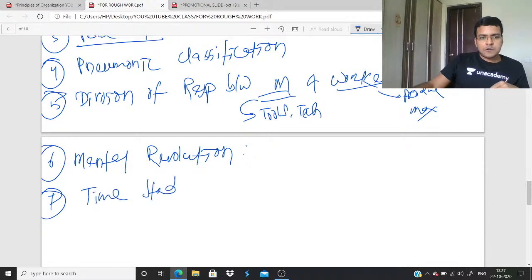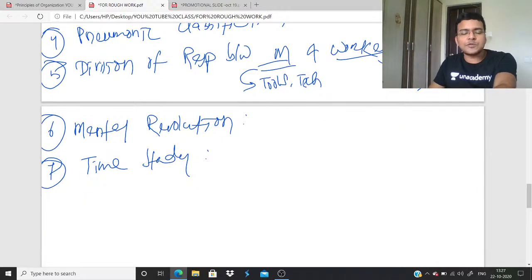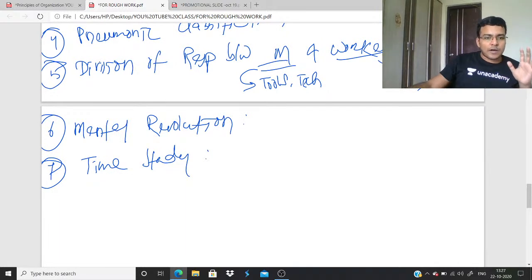Time study. Time study means the minimum time taken to finish a job. This is the best time we should use to finish a work. For example, you people are making chairs. There are 10 people. One makes a chair in 30 minutes, one in 25 minutes, one in 20 minutes, and one in 18 minutes.